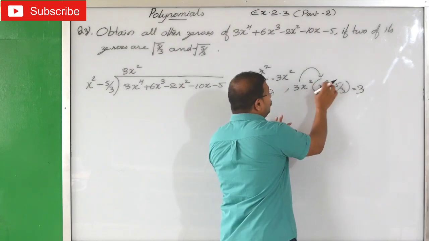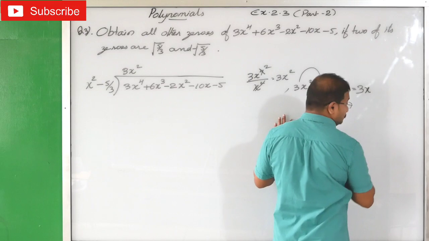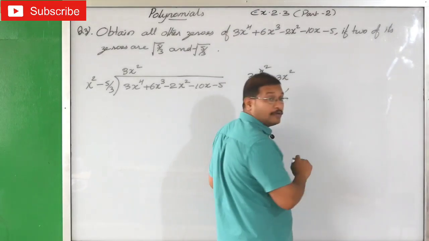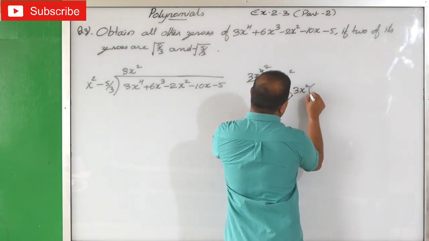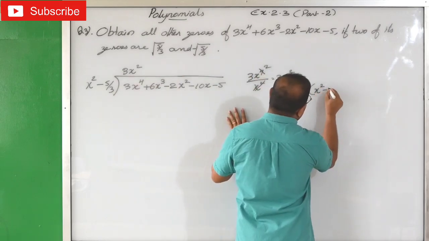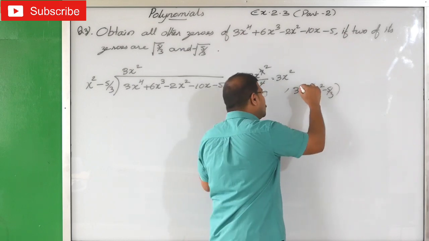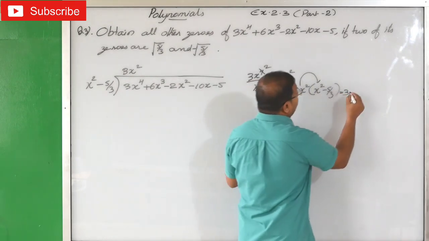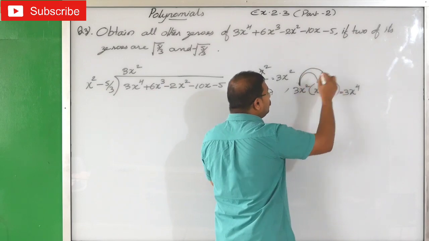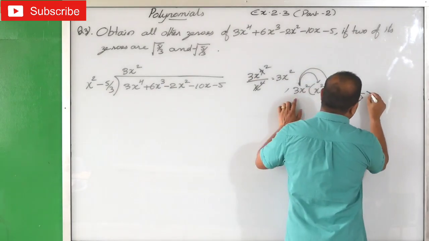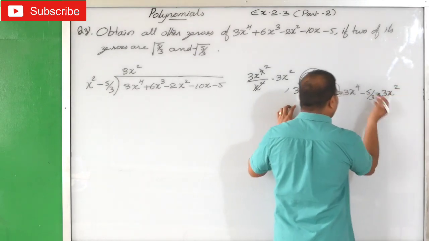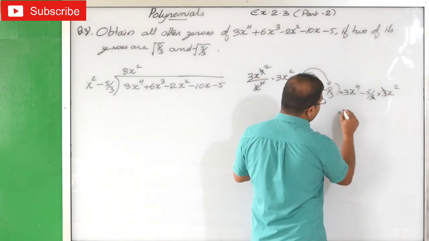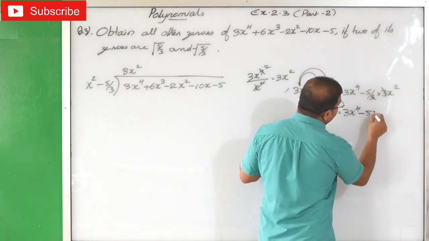X raised to 4, 2 into 2, so 3x raised to 4. Now, 3x square into the divisor, x square minus 5 by 3, we will open it now. 3x square into x square gives 3x raised to 4. 3x square into minus 5 by 3, now 3 we can cancel. This equals minus 5x square.